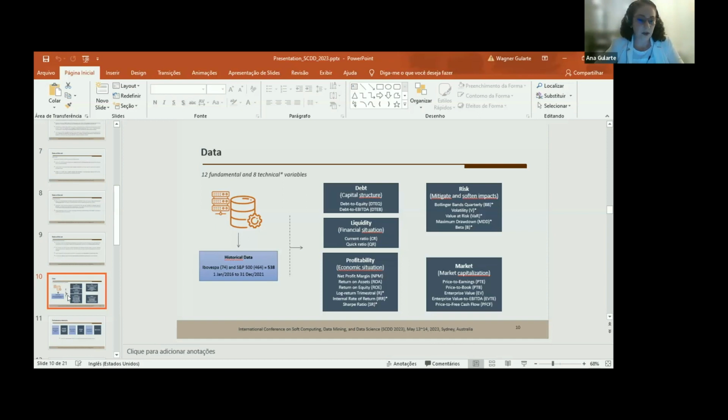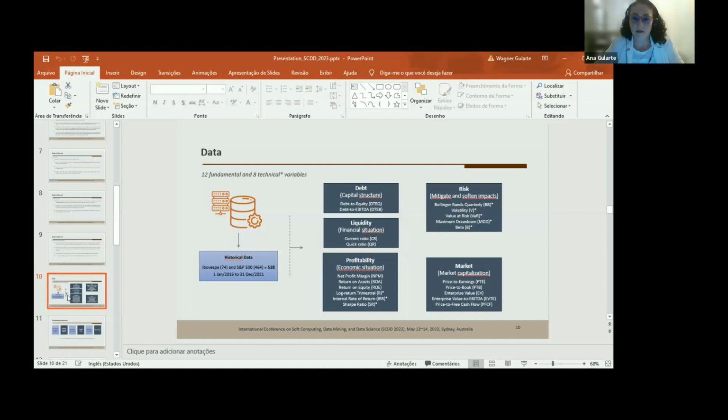Risk variables, to mitigate and soften impacts, provide information on price volatility, measure portfolio return dispersion, and measure the maximum cumulative loss from a peak to the next bottom in the portfolio.